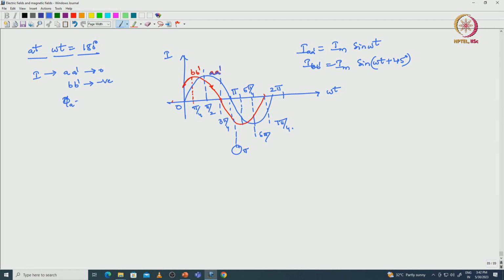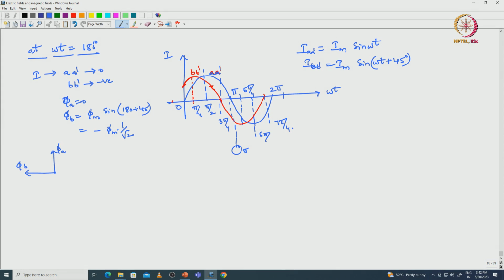Here phi A equals 0 and phi B equals phi m sin(180 plus 45). This is minus phi m into 1 by root 2. So our reference directions for phi A and phi B are in this manner.